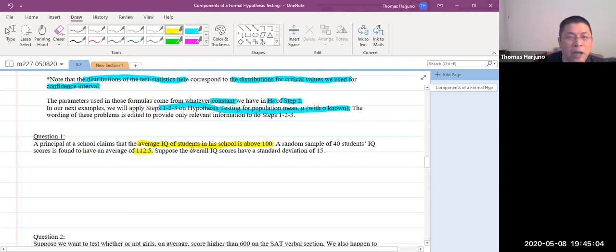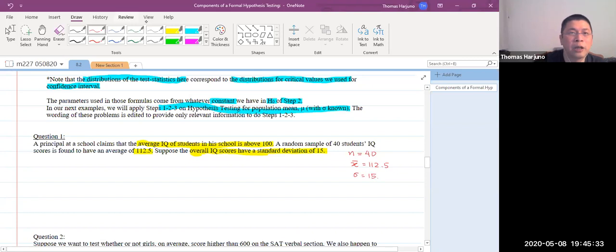Now, suppose that the overall IQ scores have a standard deviation of 15. If I write it aside here, n, the sample size, is 40, and the average is 104.5, while the overall standard deviation, the sigma, is 15.